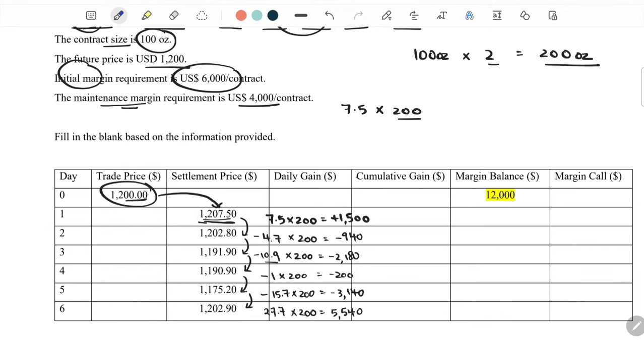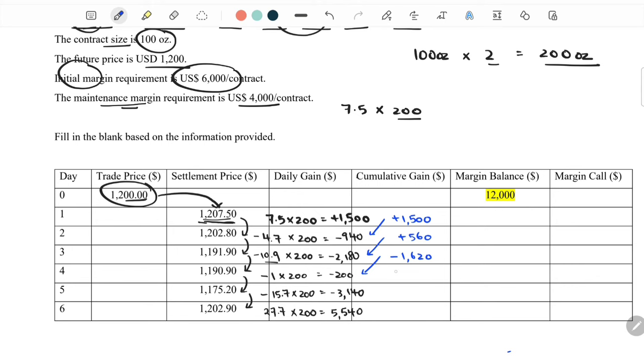Next let's proceed with the cumulative gain calculation. At the very beginning we have 1,500, and I plus the negative 940, so I get positive 560. Then minus 2,180, it becomes negative 1,620.